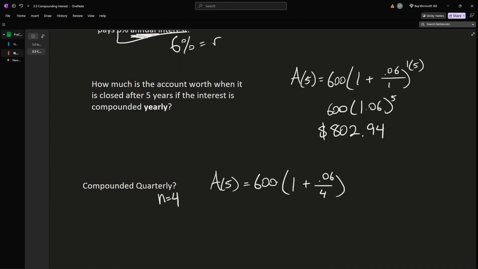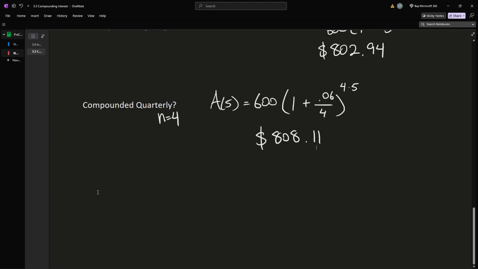The rate's decreasing, but it's increasing over here, 4 times 5. So I have 600 times 1 plus 0.06 divided by 4 to the 20th power. And I now get a grand total of $808.11. Not even a whole $6 more if it's done quarterly.